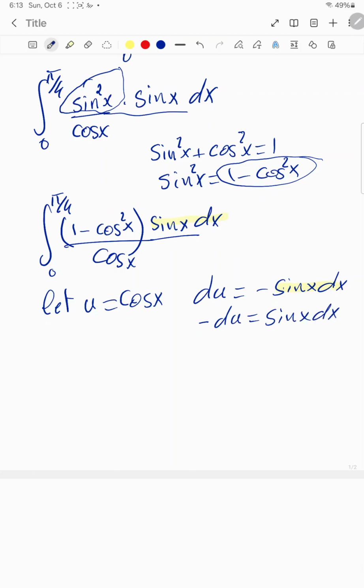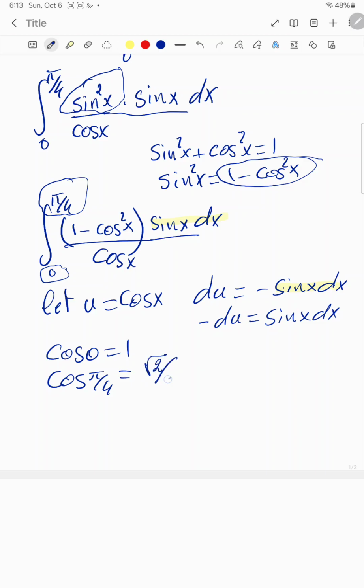So now, because I replaced u by cosine, I have to study the boundaries of my integral. I know that it was going between 0 and pi over 4, so cosine of 0 is equal to 1, and cosine of pi over 4 is equal to square root of 2 divided by 2.